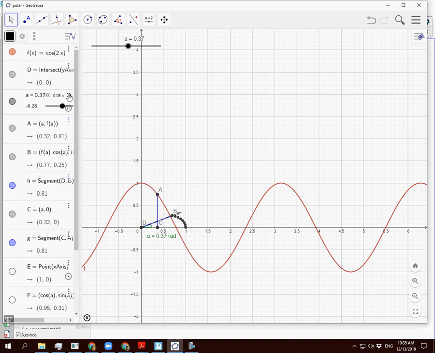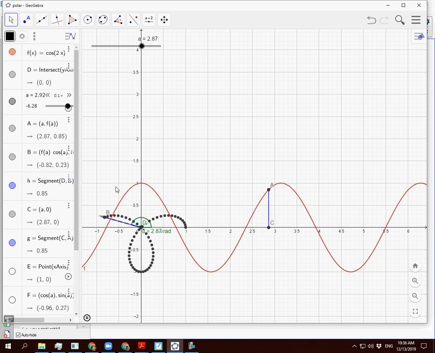What's happening speaks for itself, I think. X on the rectangular function is corresponding to theta on the polar function.